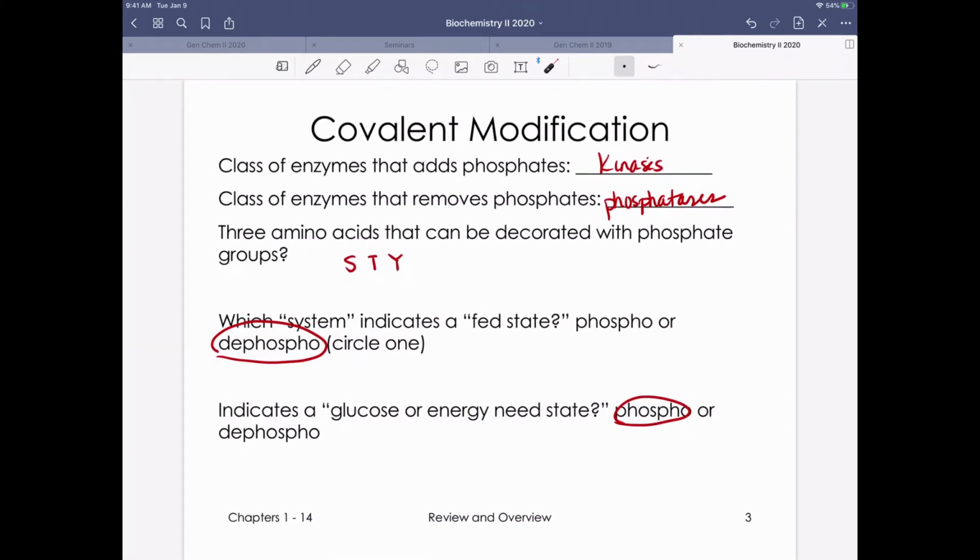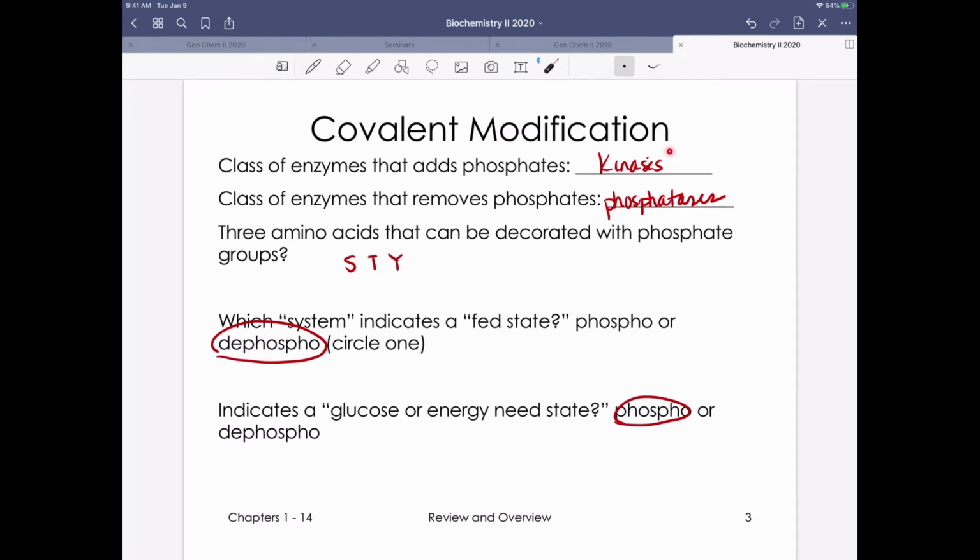Lots and lots of times we are going to be thinking about kinase and phosphatase activity, kind of putting us in either a phospho or a dephospho state, kind of thinking about the 3 amino acids that can be decorated with phosphate. So serine, threonine, and tyrosine. So lots of regulation. Most of the metabolic pathways that we're going to learn about have sort of a regulatory component to them, and covalent modification is a very important piece of that.